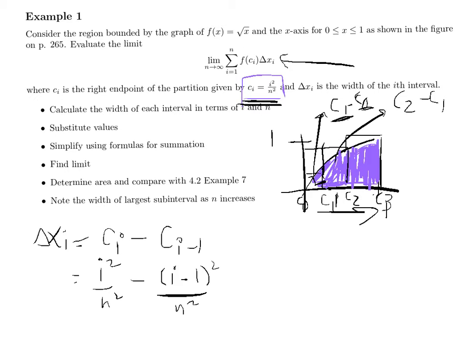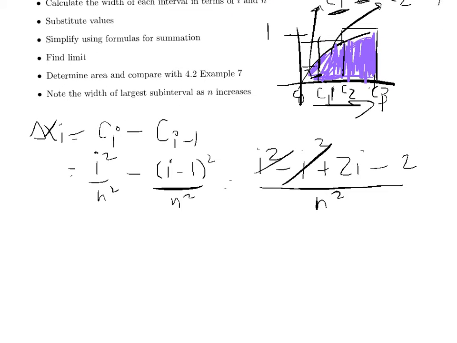Let's solve that quickly. It's i squared minus i squared minus 2i plus 1, all over n squared.